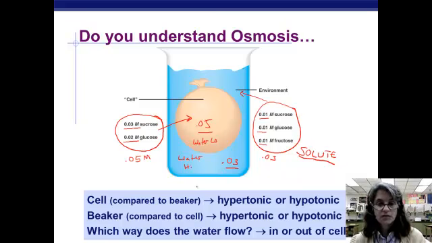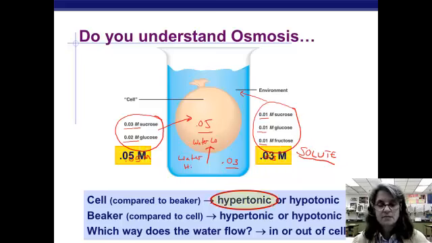So water will flow from out to in. So in the cell compared to the beaker, is the water hypertonic or hypotonic? The cell is, already did that, hypertonic. It has more solute. Beaker water compared to cell then is hypotonic. It has less solute, and so water will flow into the cell.